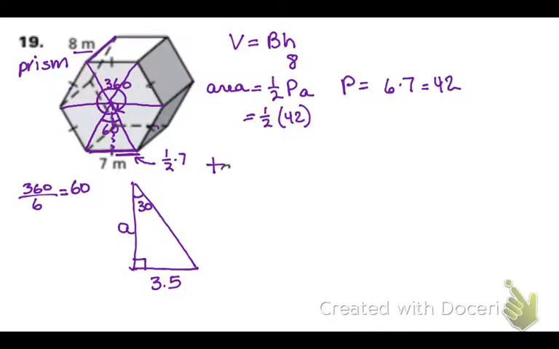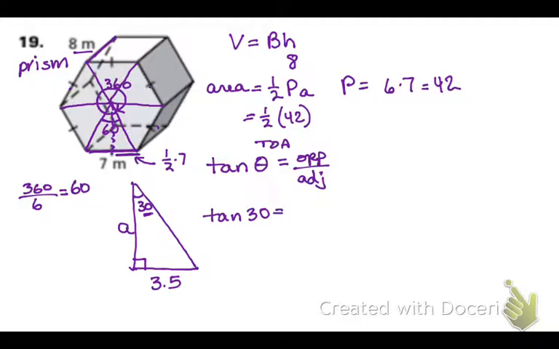So look at your trig functions, and we know the function for tangent is tan theta equals, remember from SOHCAHTOA, TOA, opposite over adjacent. Okay, and our theta is 30.